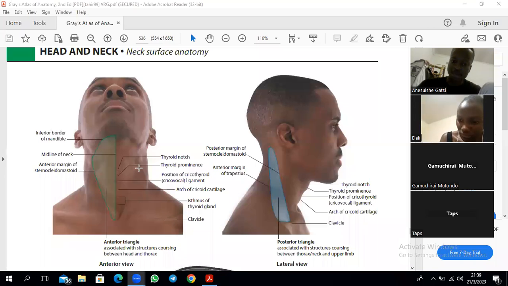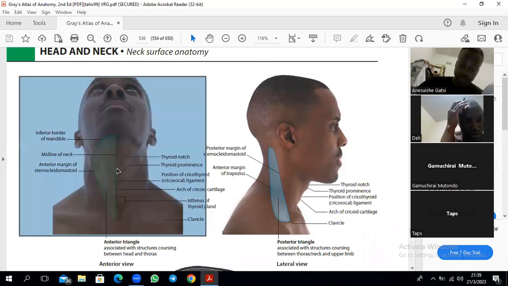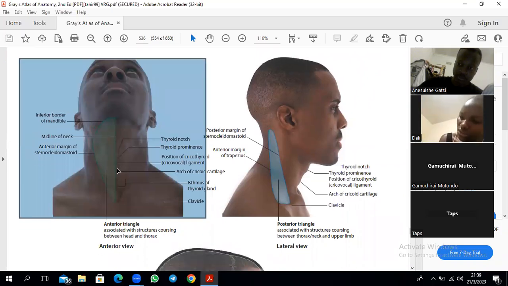Why not C1? Why start at C2? Why not cervical nerve number 1? Anyone know? Some people don't have C1, and if they have the C1, it won't have all the rami.